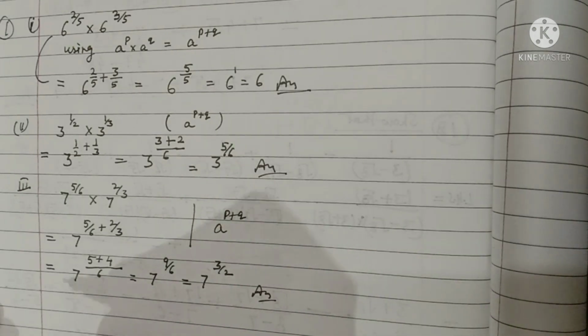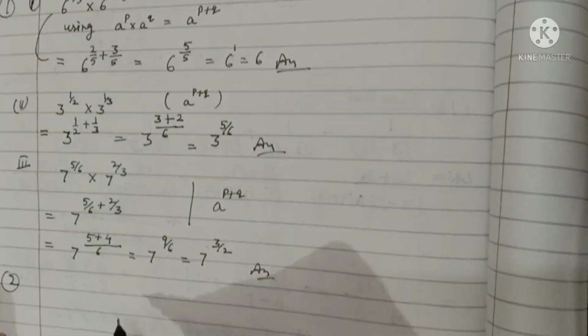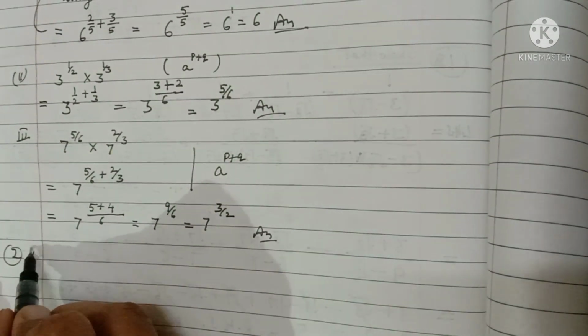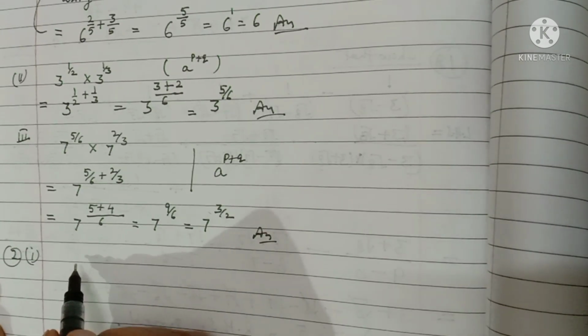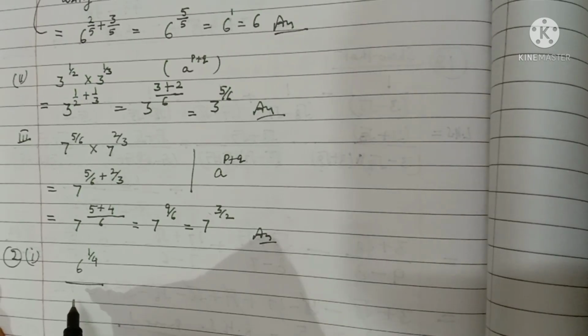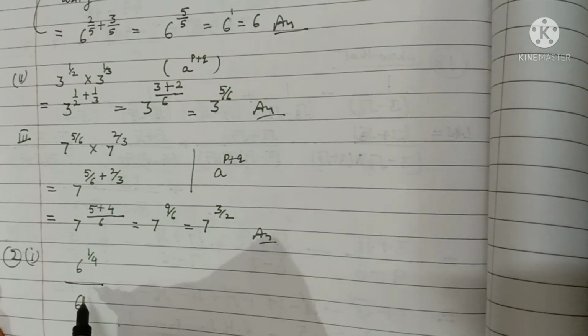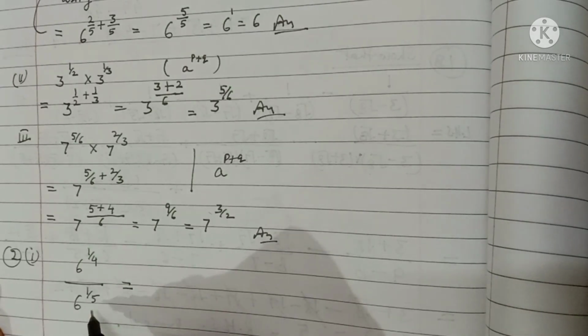Now question number second, part 1. 6 to the power of 1 upon 4 upon 6 to the power of 1 upon 5. Here which law will we use?